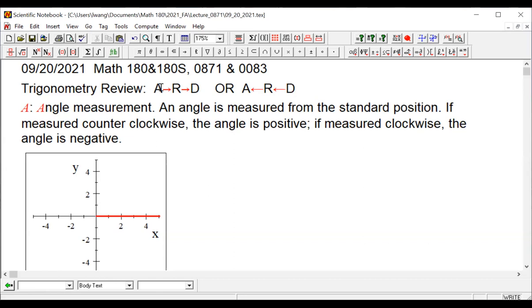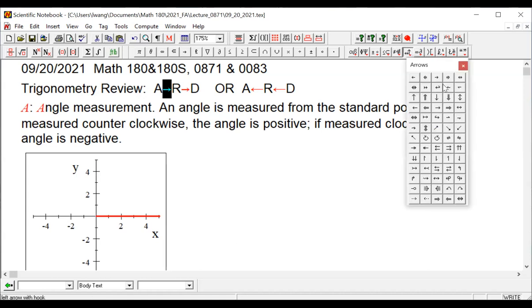So all the questions you're going to encounter are either from A to D or D to A. No exceptions from my experience, provided that I've been through colleges and graduate schools. So that's how important these ARDs are.